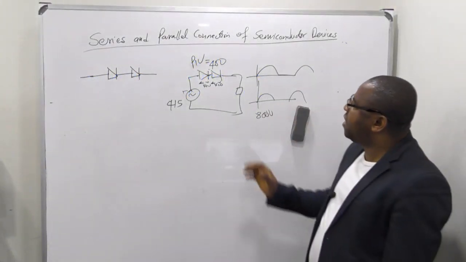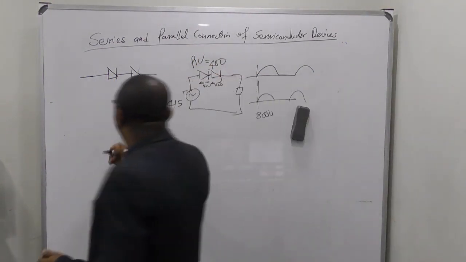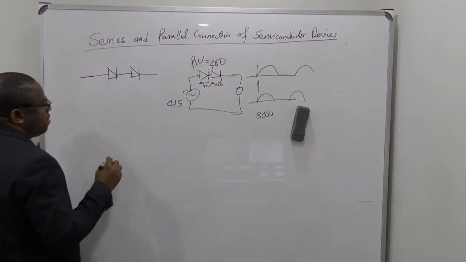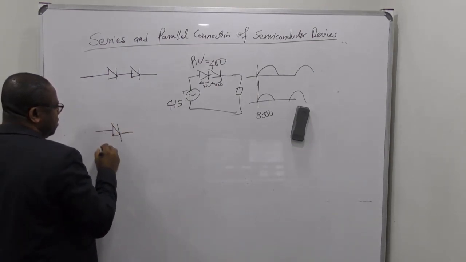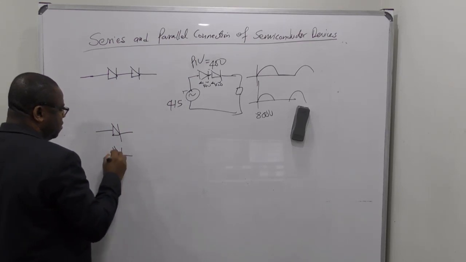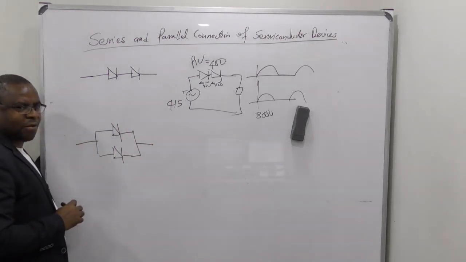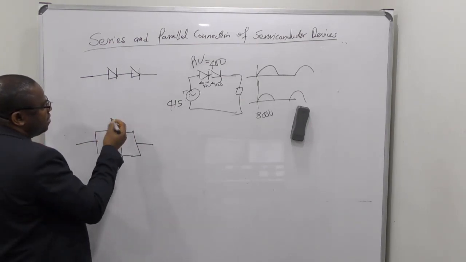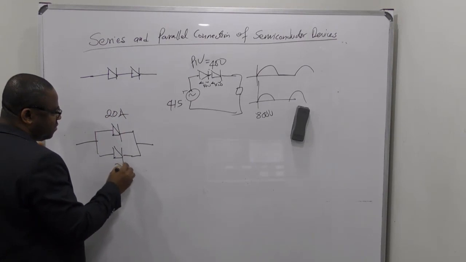Now, let's look at the next one. If you want to connect this in parallel, remember that this has a current rating, let's say it's 20 amps, and this is 20 amps.